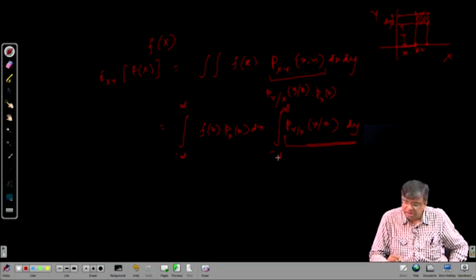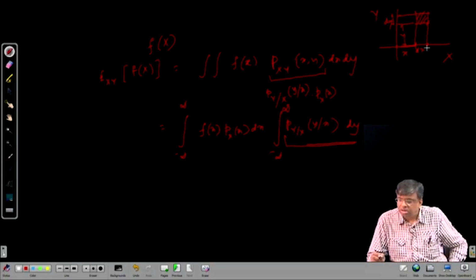And if I integrate from minus infinity to infinity, subject to this constraint, what is the net total probability of capital Y lying on this line from minus infinity to infinity? Again, that is certainty, because even if we are constraining capital X here and then observing capital Y, it will always occur from minus infinity to infinity. It cannot take any other value.